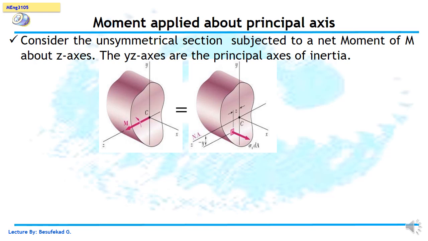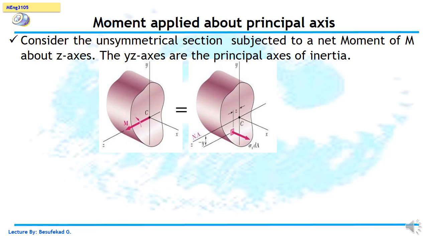But do we have a moment about y direction? So the summation of all of these moments should actually be equivalent to zero, because I don't have a moment acting on the beam in the direction of the y-axis. I said already that this asymmetrical beam is subjected to a couple acting along the z direction. So this is what we have.